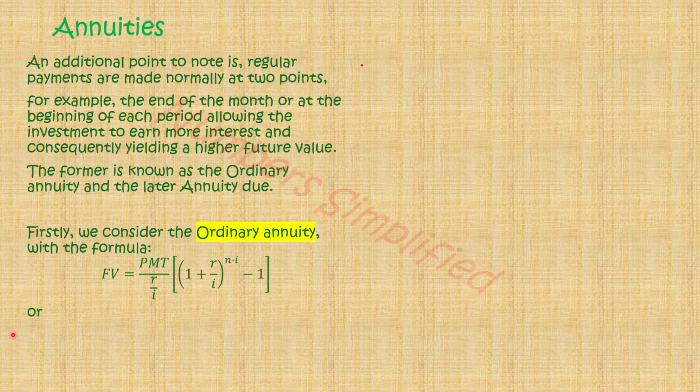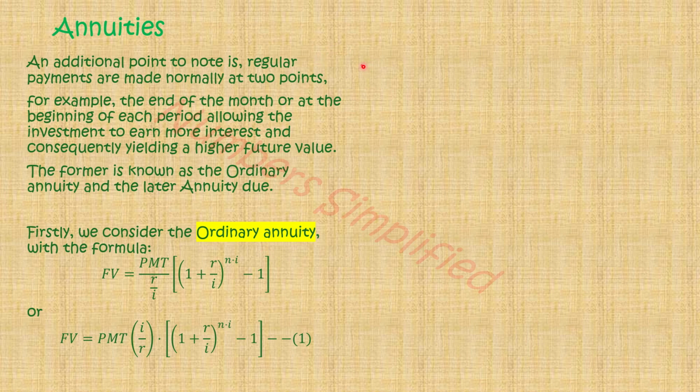Or in a simplified and more refined manner, the future value FV is going to be PMT times I over R multiplying 1 plus R over I raised to the power nI minus 1 in parentheses. And we would refer to this as equation 1, the ordinary annuity equation 1.